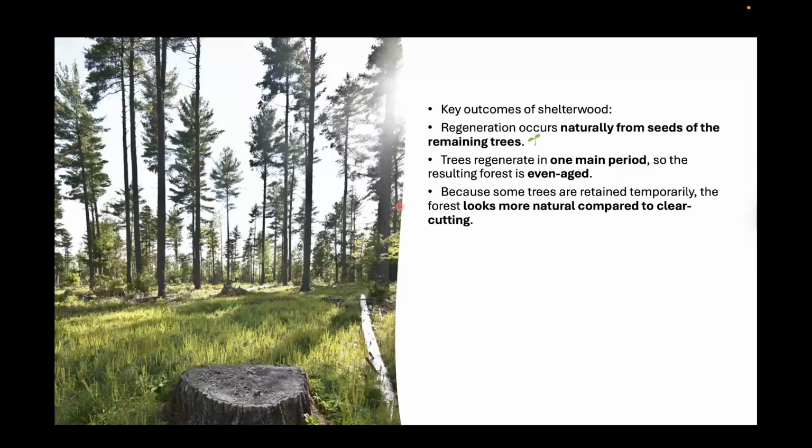In comparison to the clear felling system, where you cut all the trees at once, extract the timber and allow artificial regeneration to take place, here you keep the tall shelter trees with large canopies to provide shelter to the young saplings. Such regeneration is generally natural regeneration from the remaining trees, and trees regenerate in one main period, so the resulting forest is even-aged.